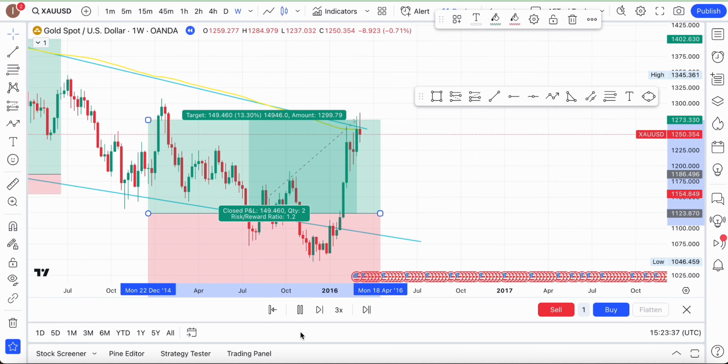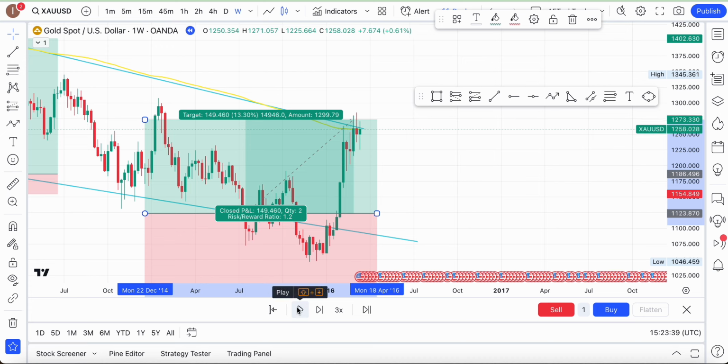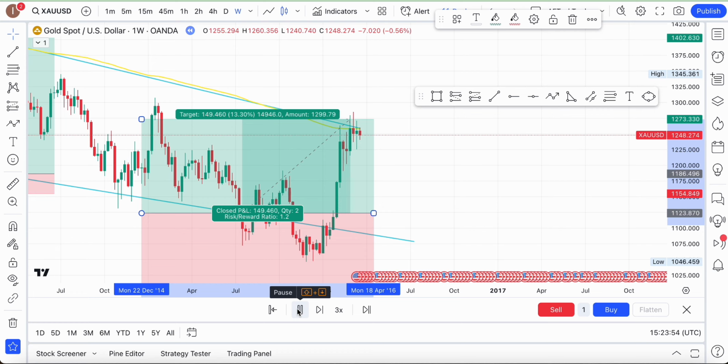So we have hit our take profit. So here we'll be entering for a sell after we have confirmed that maybe a doji candlestick will give us a sign that okay, this market is coming down.